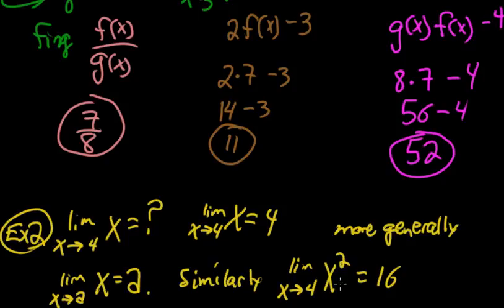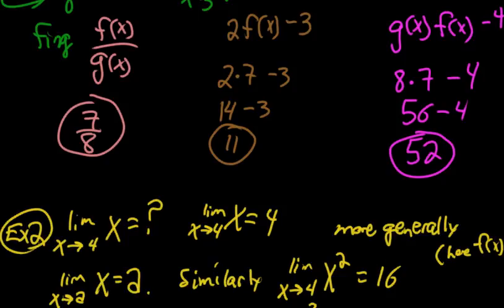So here, f of x equals x squared. And more generally, we can say that the limit as x approaches a of x squared equals a squared.